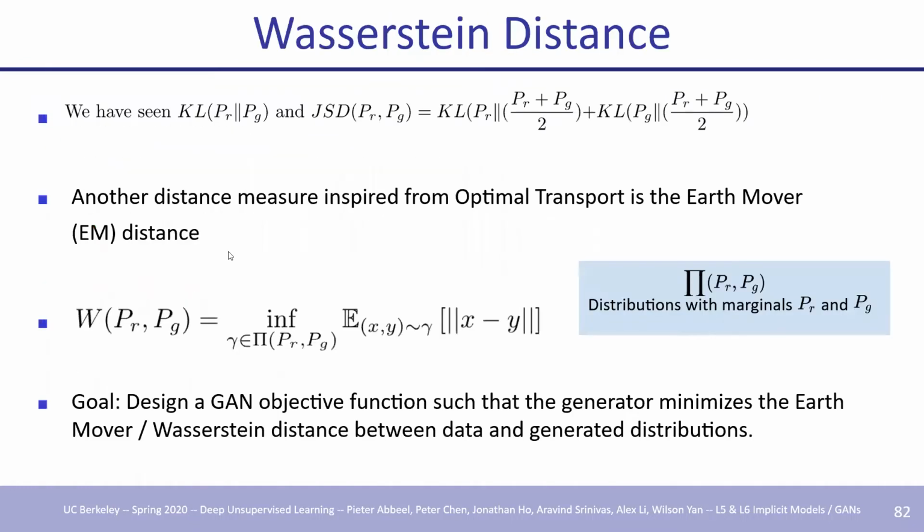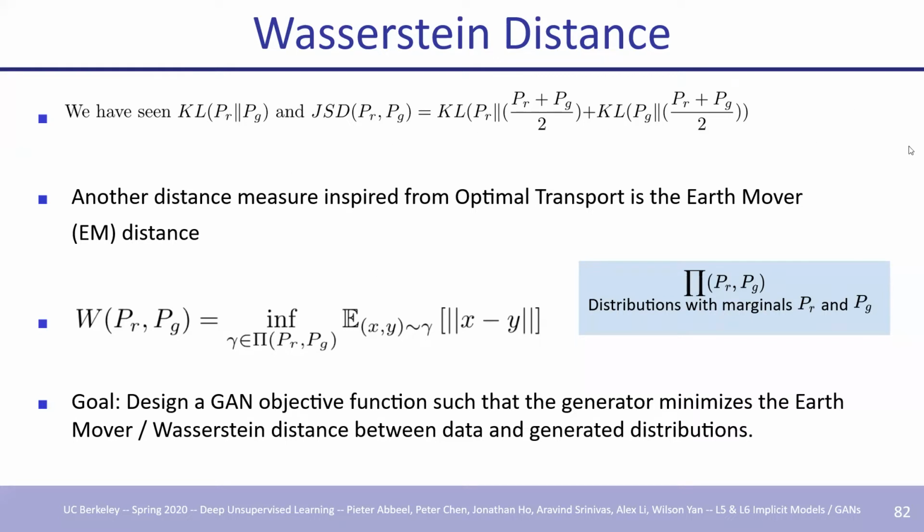Okay, so let's look at the Wasserstein distance. The main motivation here is that we used the KL divergence for the latent models, right? In the previous lecture, for VAEs and things like that, we had the KL divergence between the real and the generated.